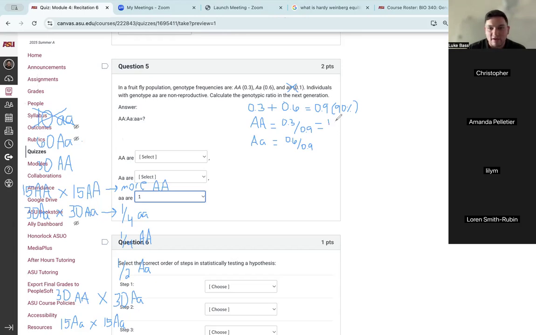So at this point, we can assume that out of that 90% that we're actually interested in, because we kick out the 10% homozygous recessive individuals, 1/3 of the original 0.9 population are going to be homozygous dominant, and the other 2/3 are going to be heterozygous.